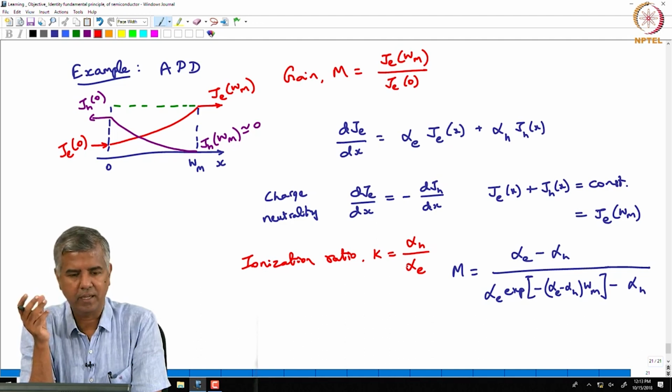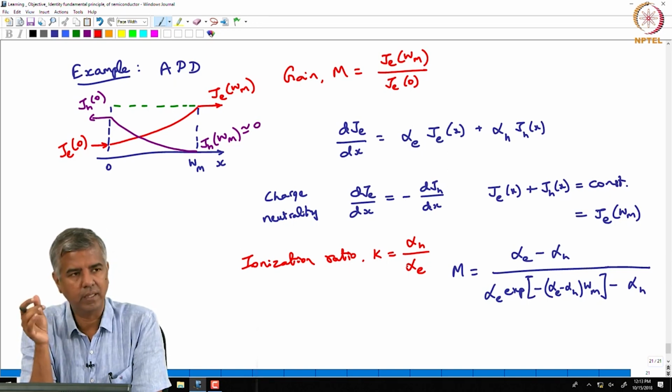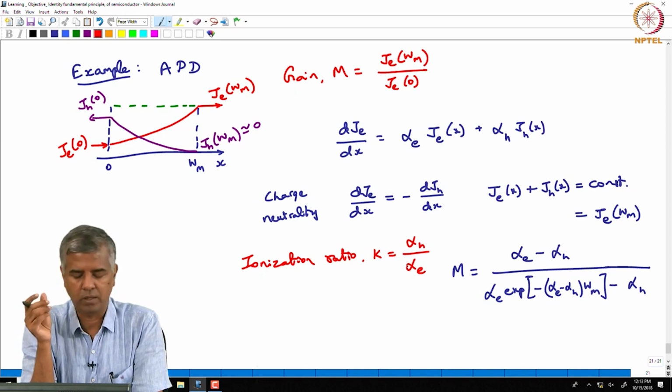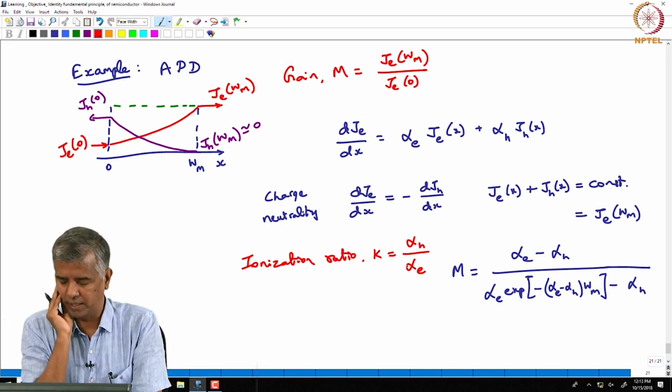Just to give you an idea, k can be greater than 1 in certain materials, like indium phosphide is a very good example, where the impact ionization coefficient for holes is greater than the impact ionization coefficient for electrons. So, k can be greater than 1.